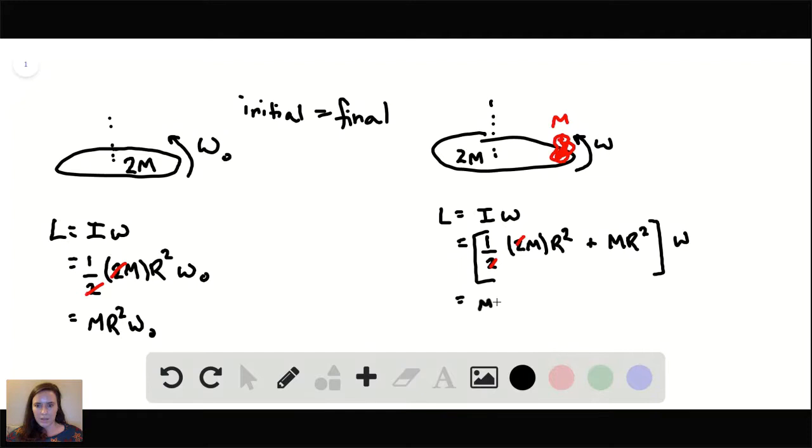So I have m r squared plus m r squared times omega, so 2 m r squared omega.